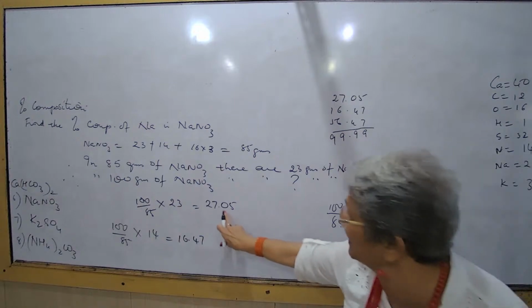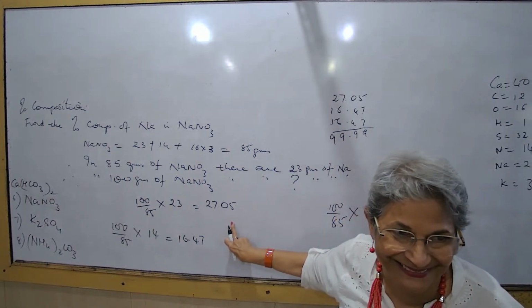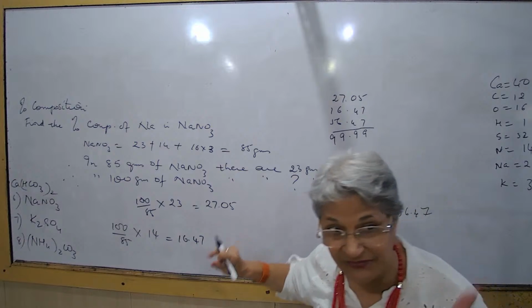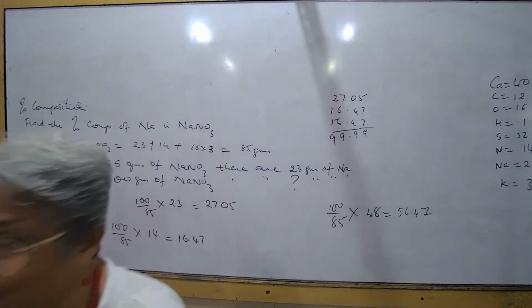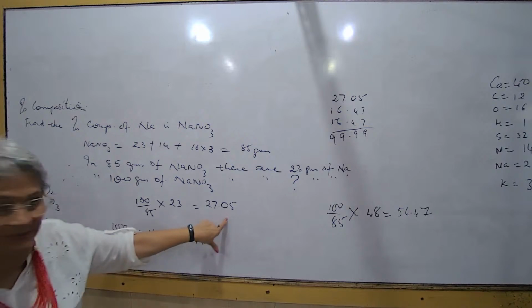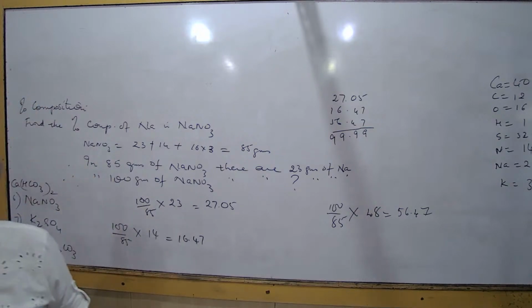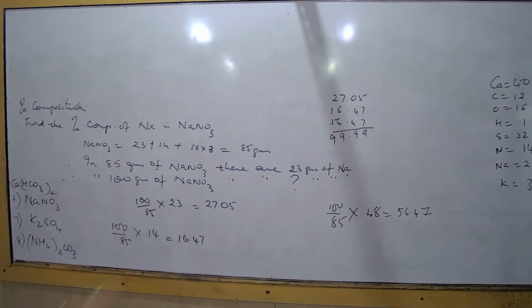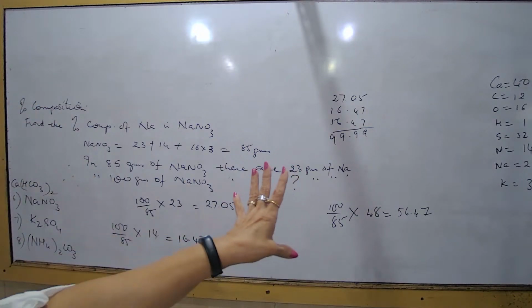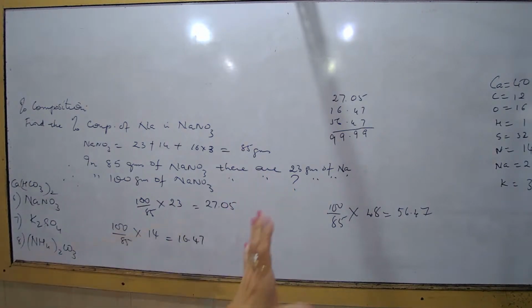Because here you may have gone up to 3 decimal places, and you didn't give me one number extra. If you say work up to 2 decimal places, you work up to 3, and if the third one is 5 or more than 5, then you increase this one. Now you did not do that, therefore you are getting the 0.01 difference. But this is okay. Within the limits of experimental error, we will allow it.